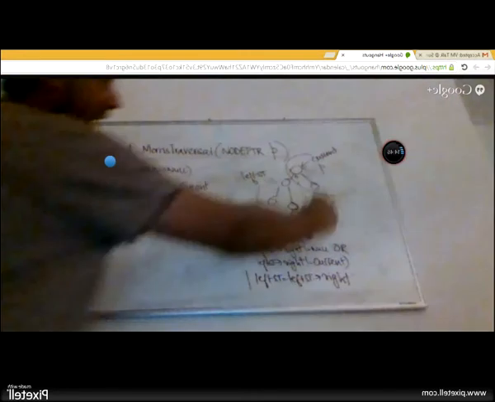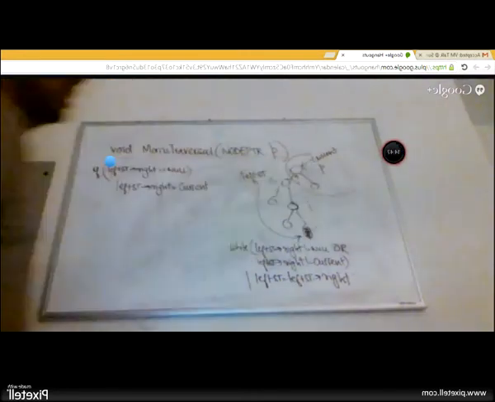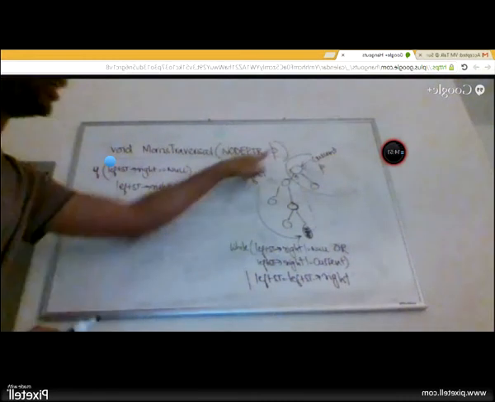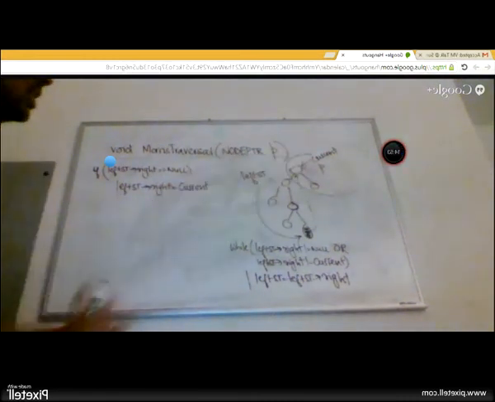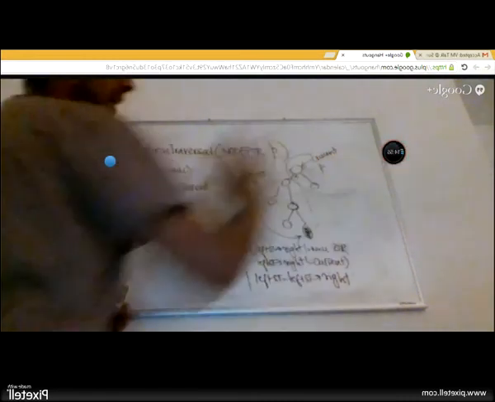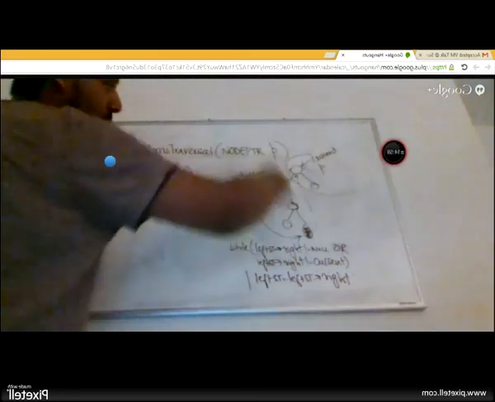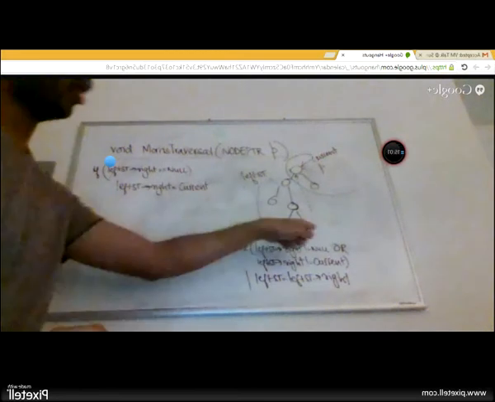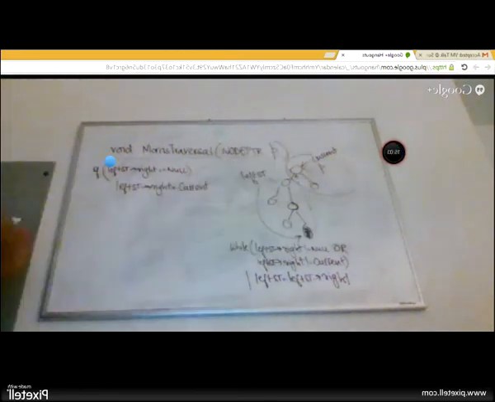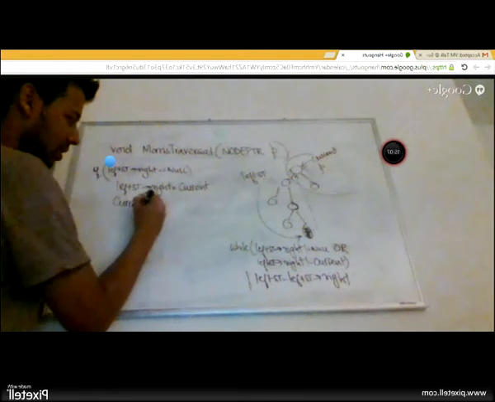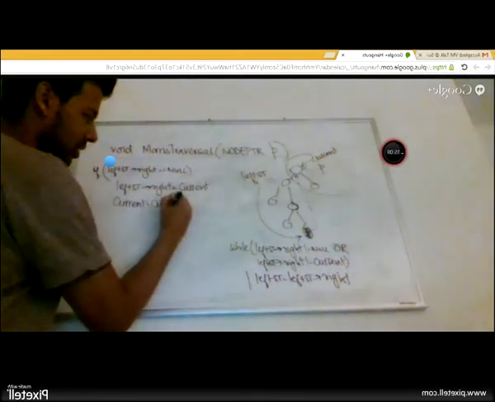The moment I add the thread, remember that we are still in the else part, which means we have still not printed anything. We need to print these things. The moment I've added the thread, now I'm happy. I can say, okay, go and do whatever you want with the left subtree, because I always have a way back to come back to current. So what I do is current equals current pointing to left.